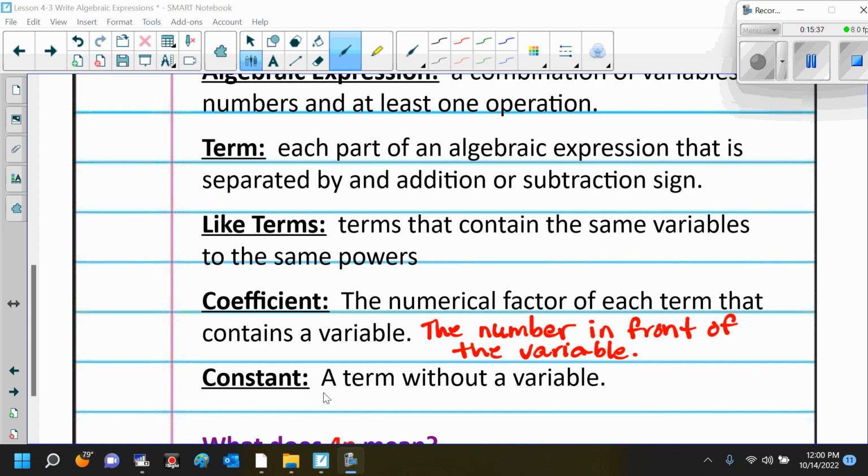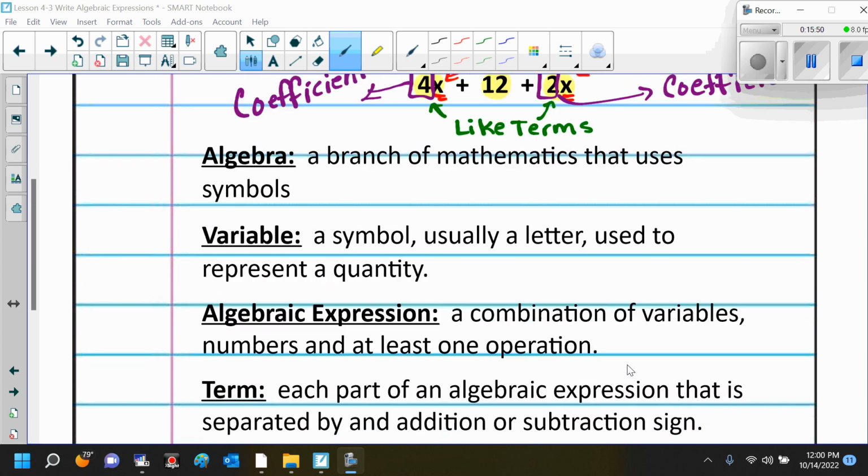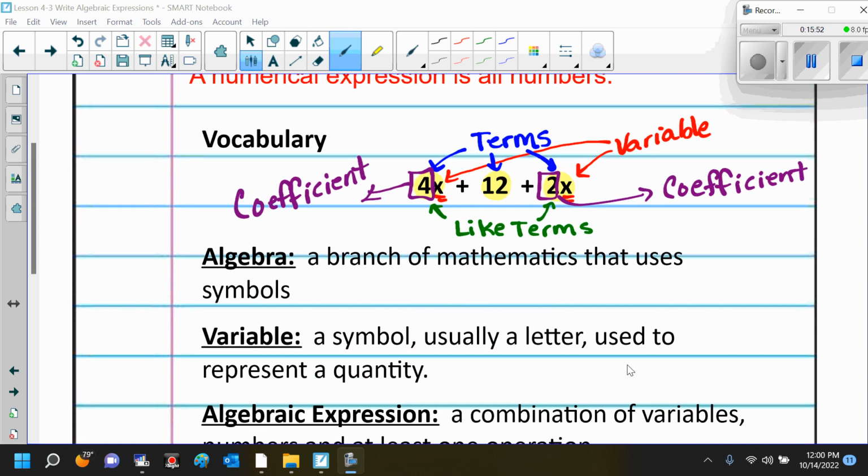And a constant is a term without a variable. So it's just a number. So going back up here, your constant is 12. Put the arrow up here. It's just a number all by itself.